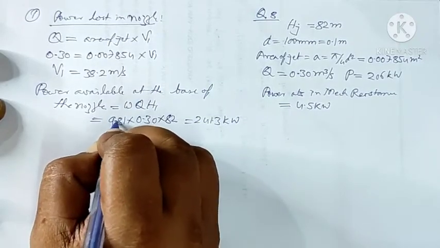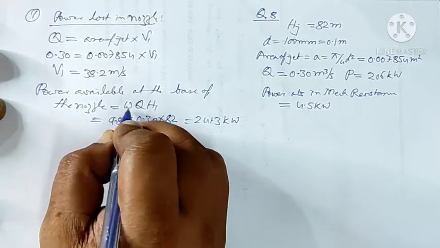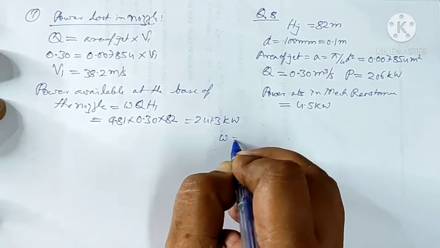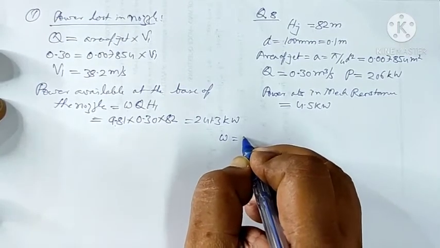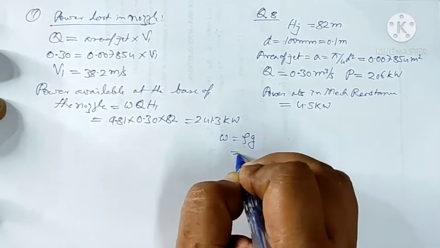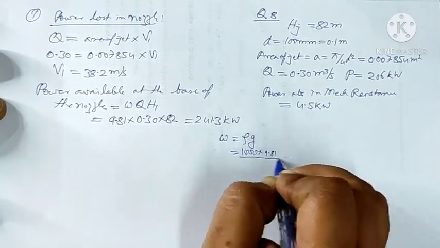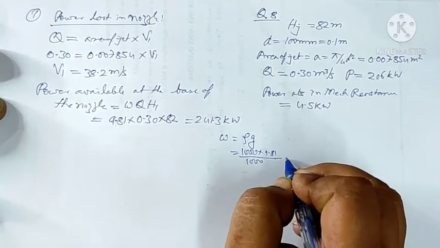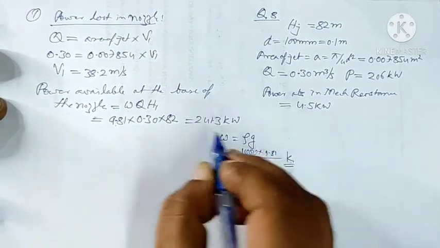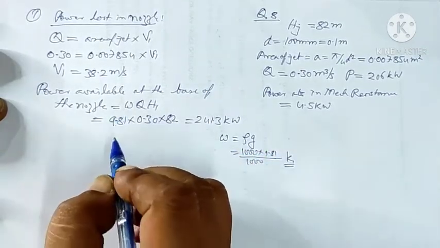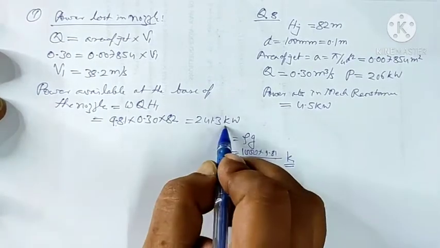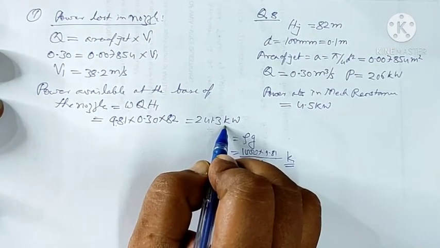Here we had written down 9.81, W equals to rho into G. So it will be 1000 into 9.81. We had divided it by 1000 to make it kilo. So here we have written down W as 9.81 only. So this power comes out in kilowatt.